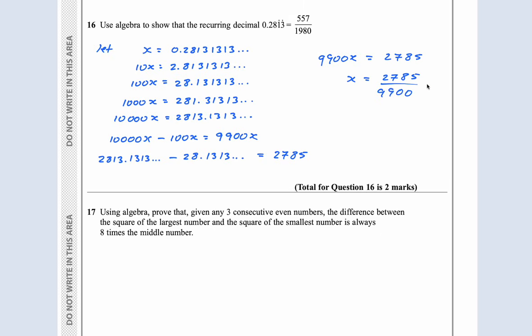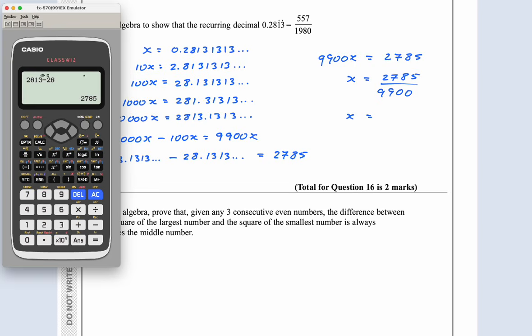9,900. Now you can probably guess what's going to happen here. I can divide both sides by, I actually think it's going to be 5. If I divide them both by 5, I will get this, but let's just check. 2785 divided by 9,900, and I get, yeah, that's exactly it.